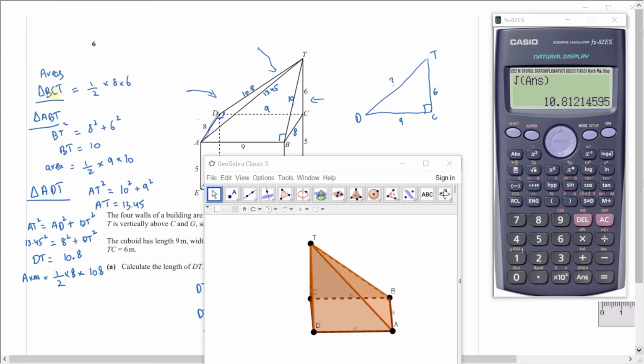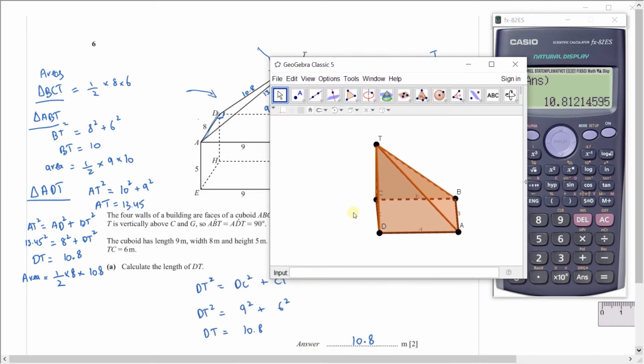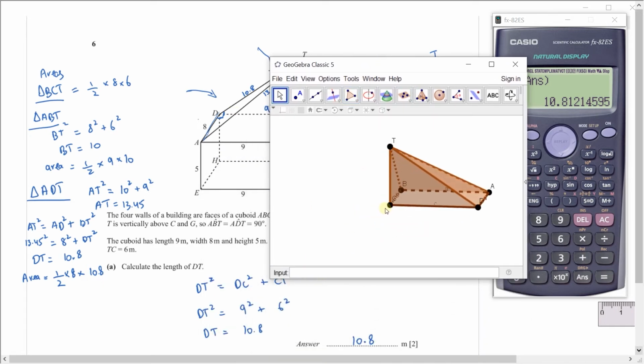So now I've calculated 1, 2, 3 triangles. The only one left is at the back, which is CDT. So let me bring up the back here as well. For CDT, I can take CD as the base and CT as the height because T is directly above C. So angle TCD will be 90 degrees.